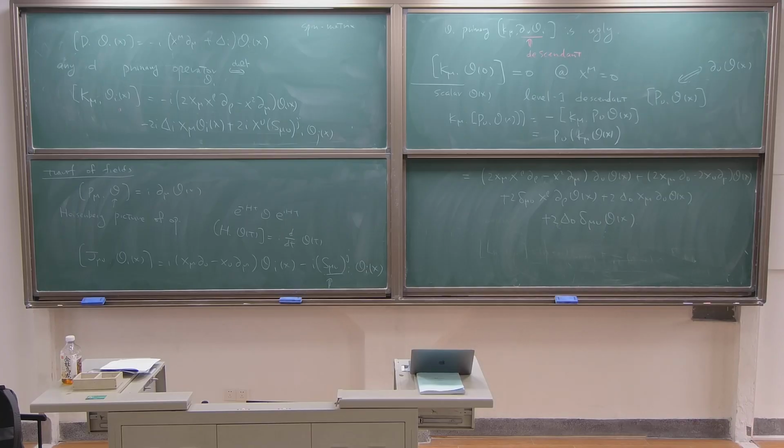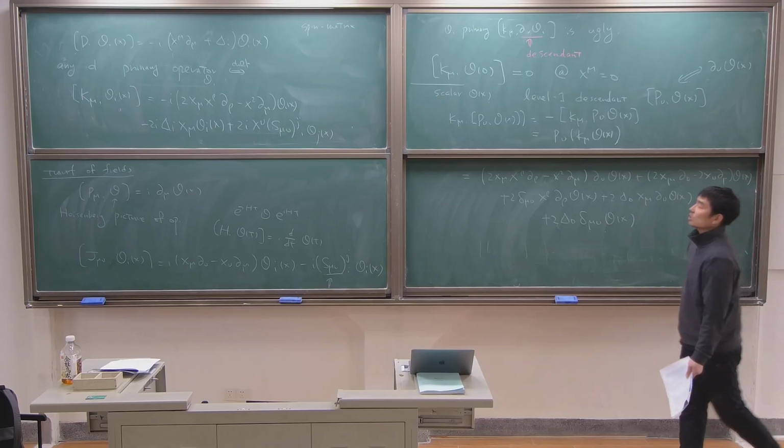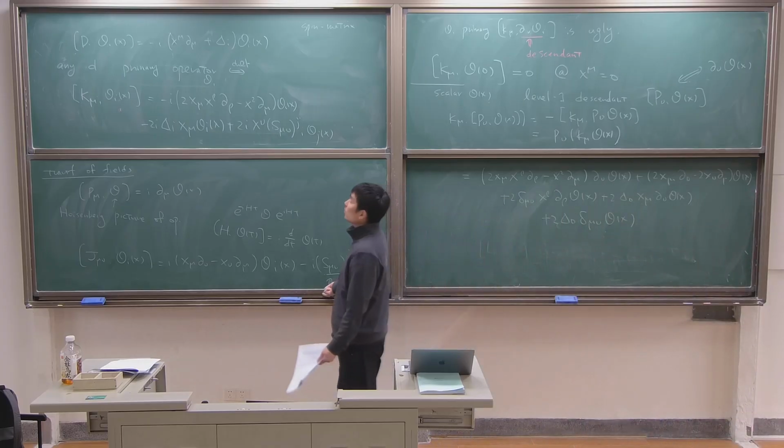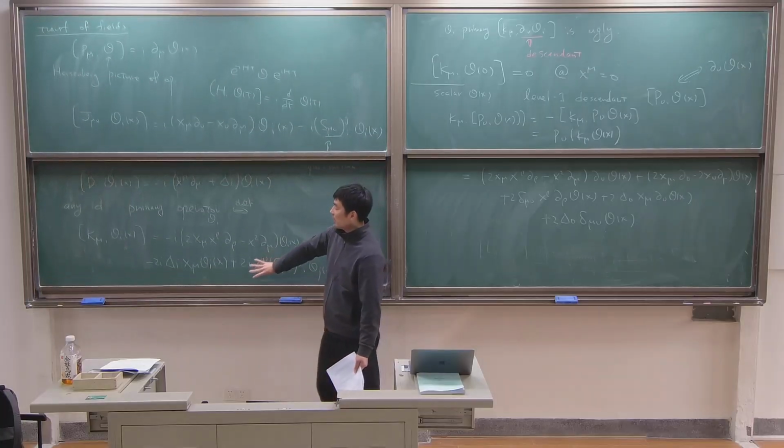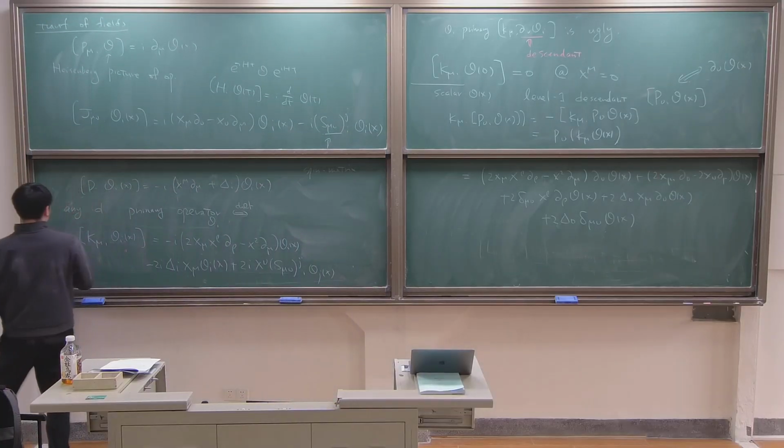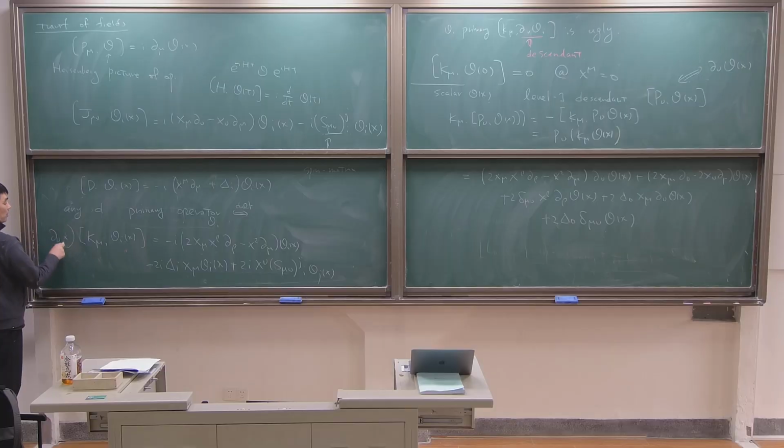Right, so I think you just ignore S mu here, ignore S mu and the x derivative on partial mu. So you just multiply this one. So it's just this one.